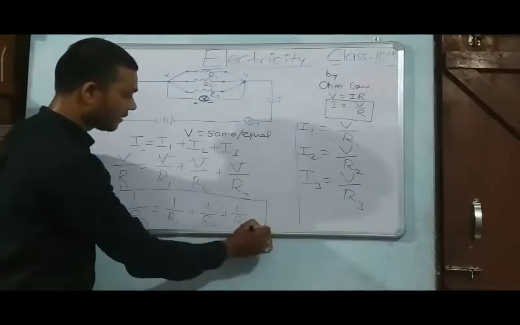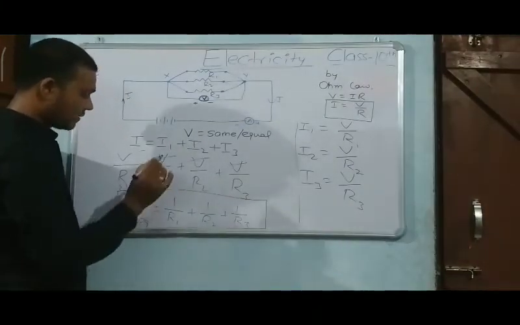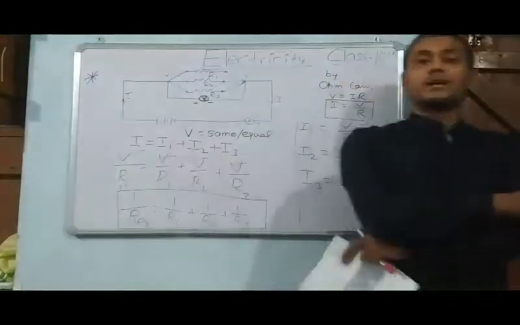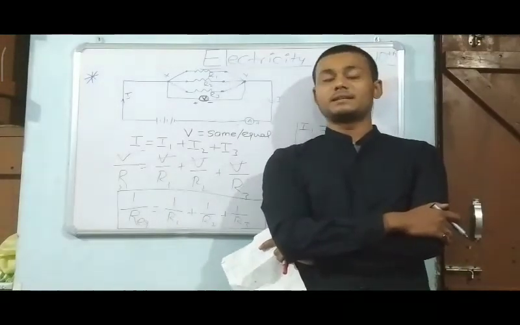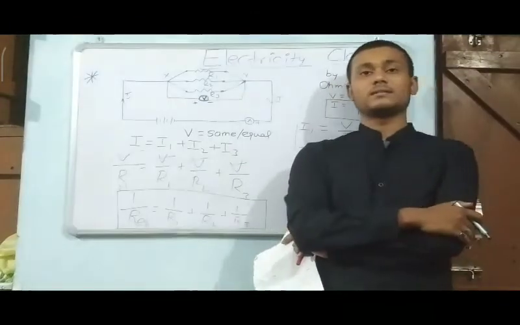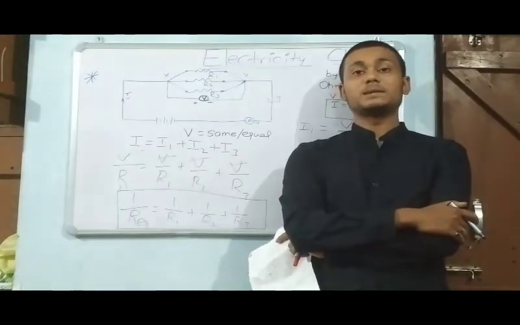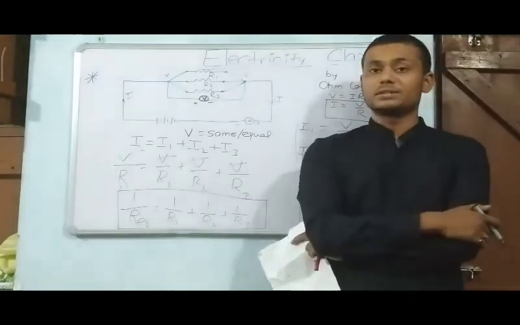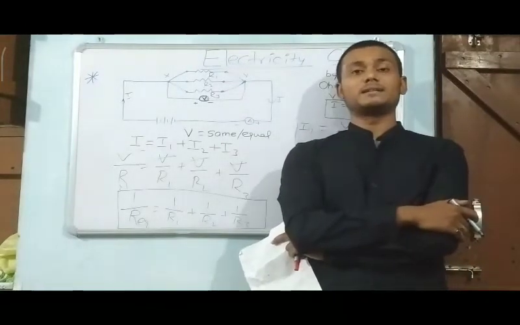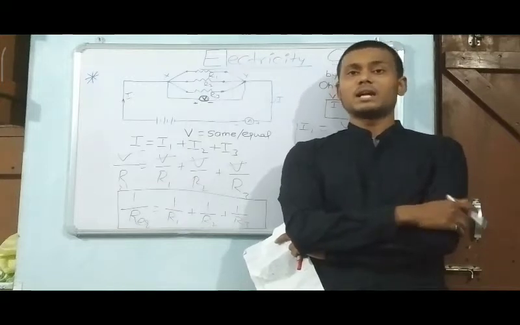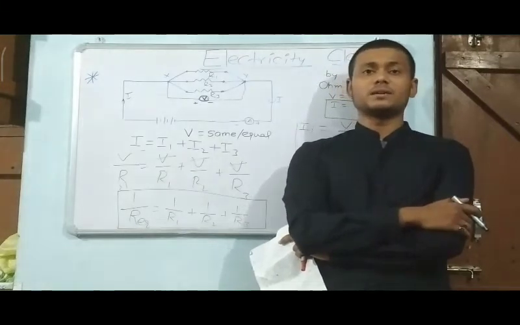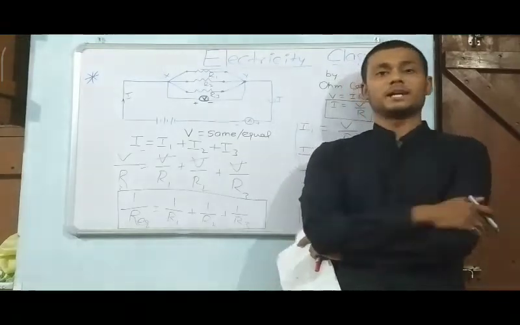So this is the required value of R equivalent. Whenever resistors are placed in parallel combination, the equivalent resistance is given by this formula, 1 upon R equivalent equals 1 upon R1 plus 1 upon R2 plus 1 upon R3, and whatever the number of resistors present, we just follow this pattern.